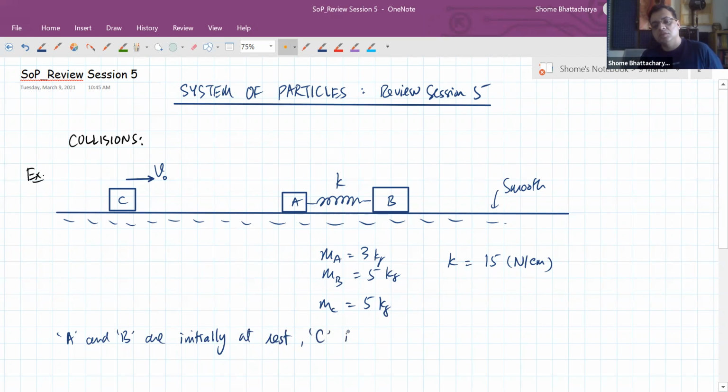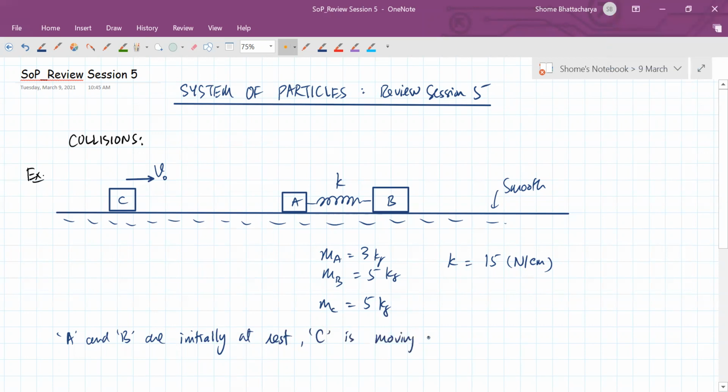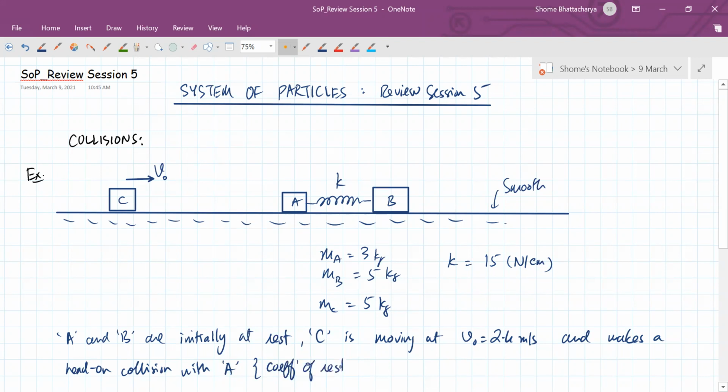C is moving at V naught equal to, say, 2.4 meters per second, and makes a head-on collision with A with a coefficient of restitution of 0.5.